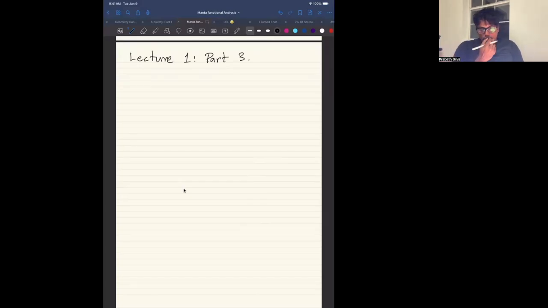We're done with the partial orders and the main tool, that is Zorn's lemma, so we're done with that part. And now we're going to study partial orders with extra properties.